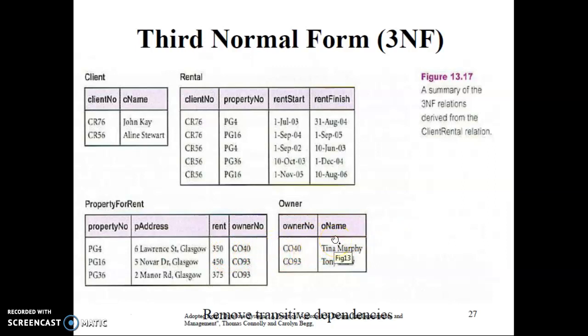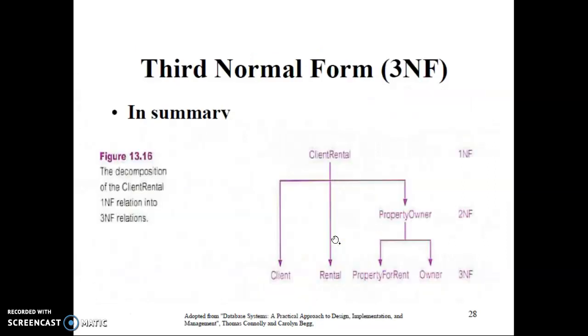So finally, in summary, the client rental relation has been transformed by the process of normalization into four tables. In third normal form, first initially we transformed unnormalized form into first normal form by removing repeating groups. In second normal form, remove partial dependencies, that is all non-primary key attributes should fully functionally depend on primary keys.